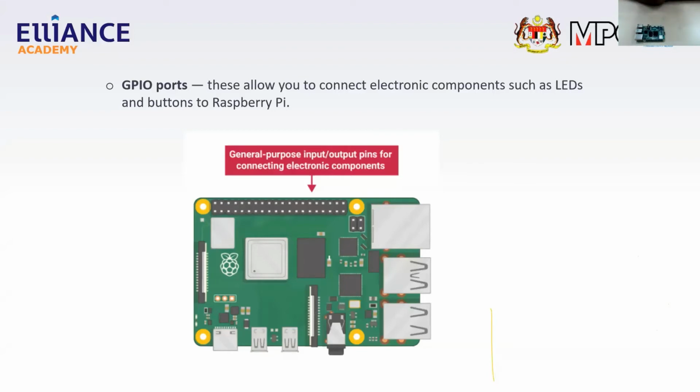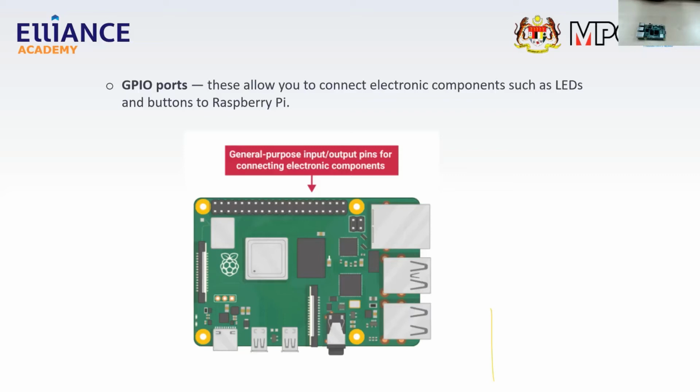We can connect these components, such as LEDs, buttons, or whatever sensors we have, to these pins here using jumper cables. So that is the connection between the sensors and the pins on the Raspberry Pi. These GPIO pins can be configured as either general purpose input or general purpose output. So we can give it input and we can make it an output as well.